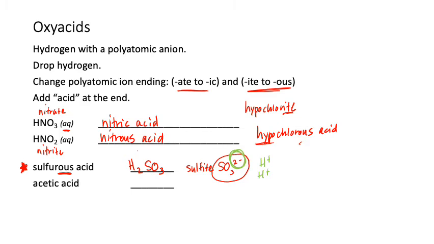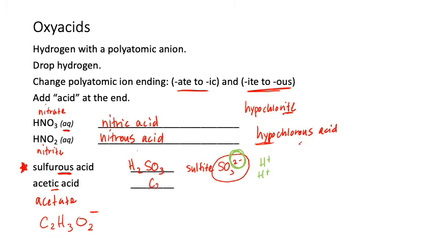Next, we have acetic acid. So with acetic acid, again, we're just trying to undo things here. So with it, we have ic. So we know this ic came from an ate. So this would be acetate. All right. And with acetate, that polyatomic ion is C2H3O2, and it has a minus charge.